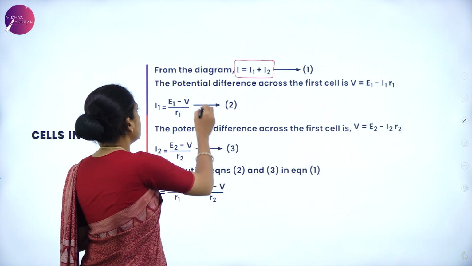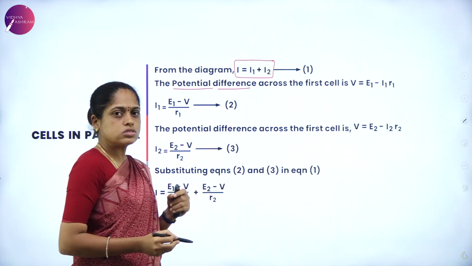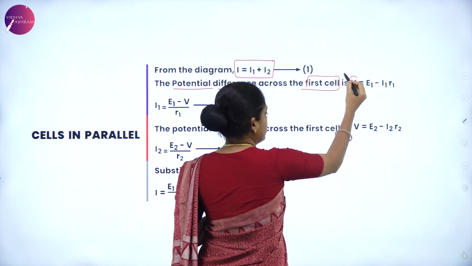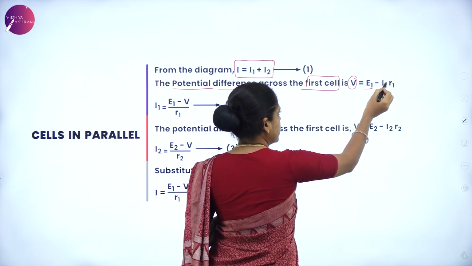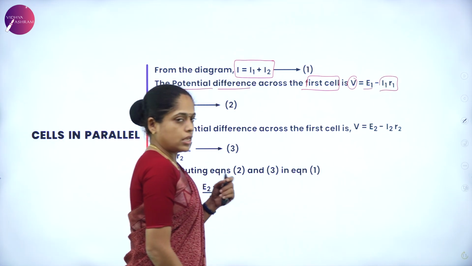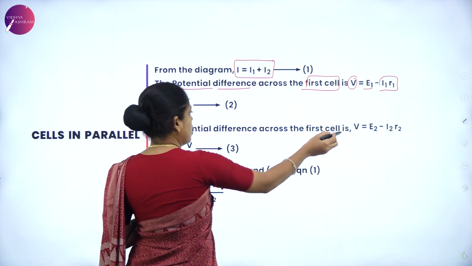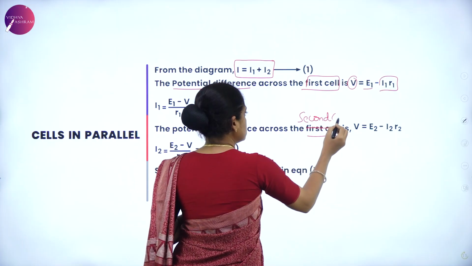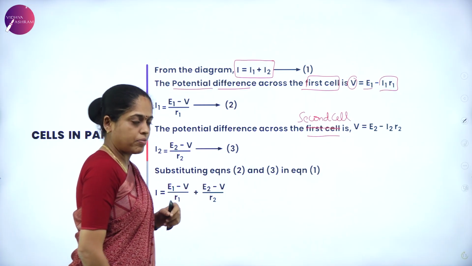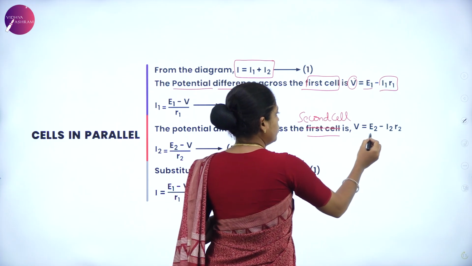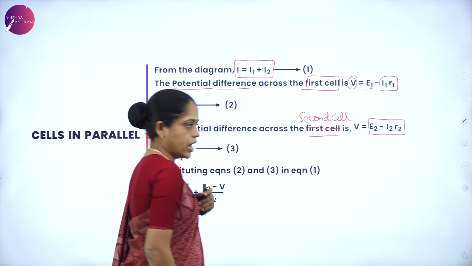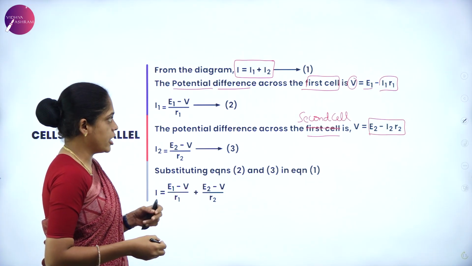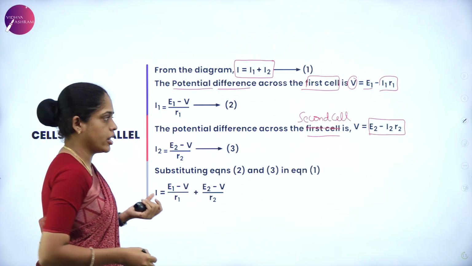Then we will find out the potential difference across the cells. Across the first cell, the potential difference V is given by E1 minus I R1. Same way, across the second cell, V is equal to E2 minus I R2. In these two equations, let us rearrange in terms of current.